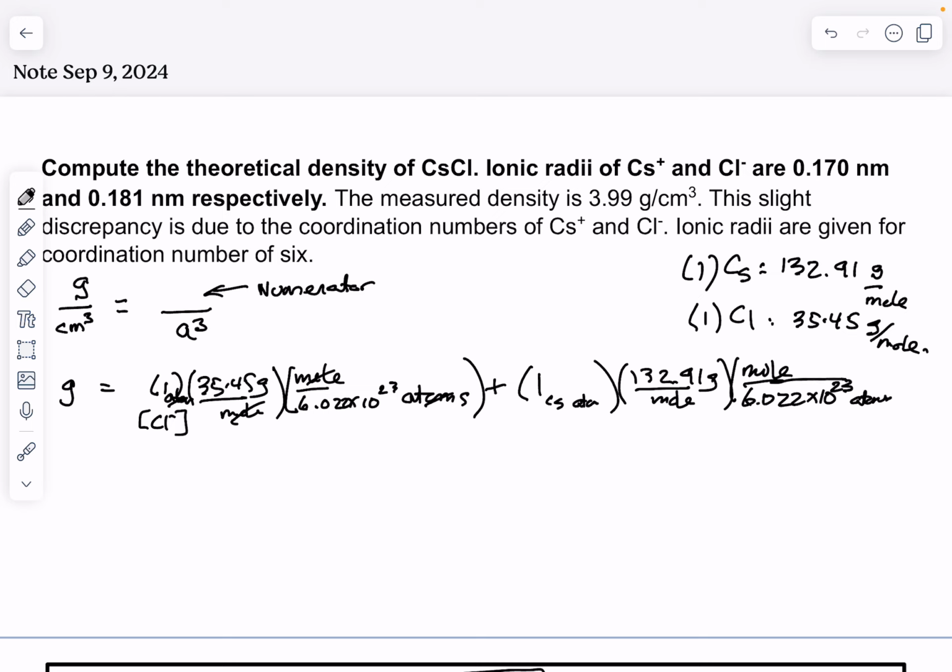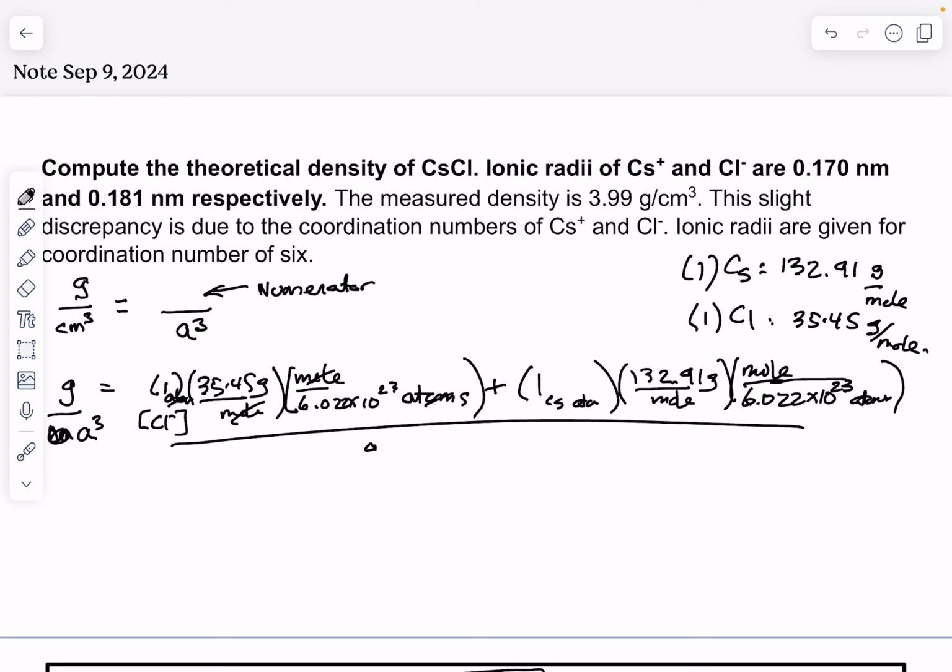This will give us the total mass inside one unit cell. In other words, the mass in an A cubed is going to equal all that divided by A cubed.